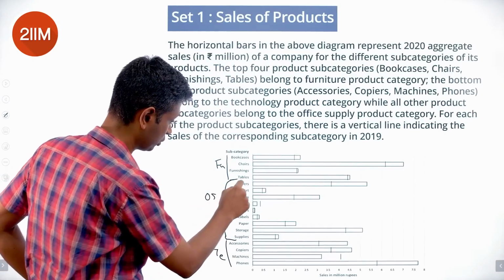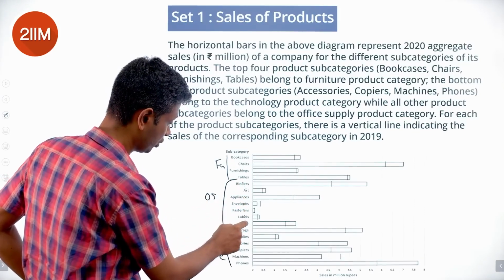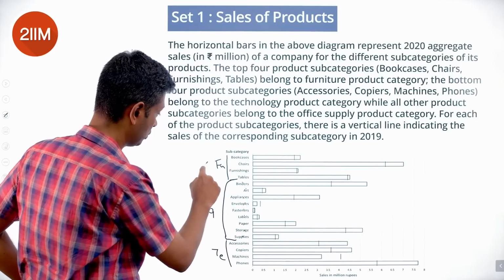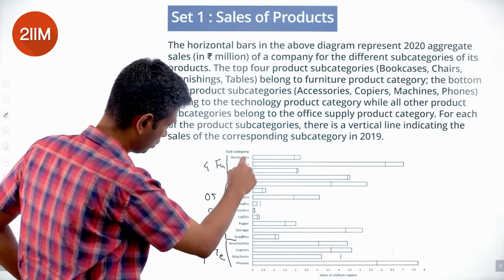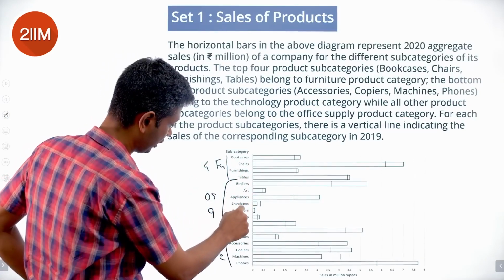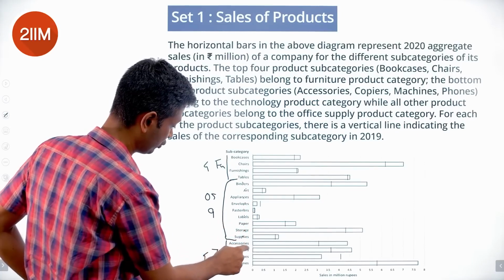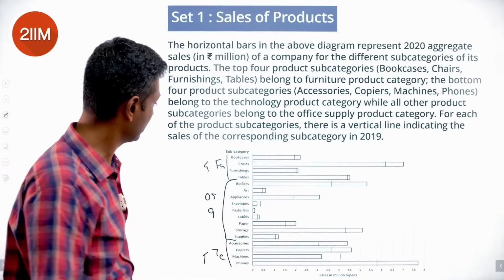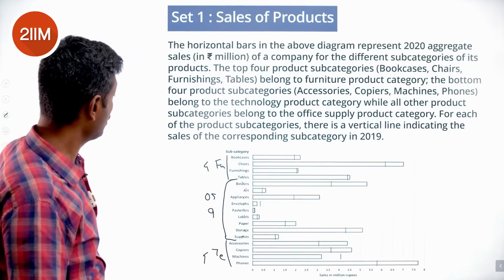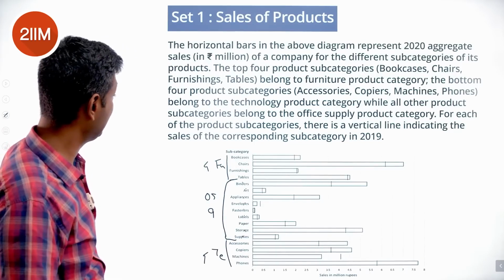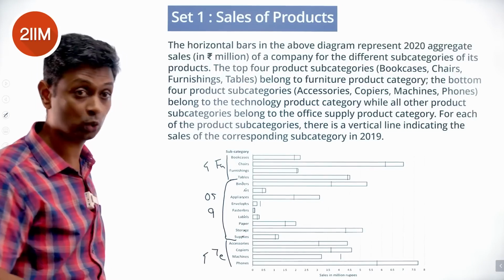This is office supplies. This is 1, 2, 3, 4, 5, 6, 7, 8, 9. 9 here, 4 here, 4 here. 1, 2, 3, 4, 5, 6, 7, 8, 9, 10, 11, 12, 13, 14, 15, 16, 17. Yeah, the numbers add up. Nice. For each of the product subcategories, there's a vertical line indicating sales of the corresponding subcategory in 2019.